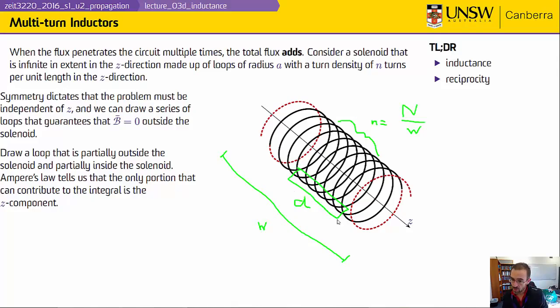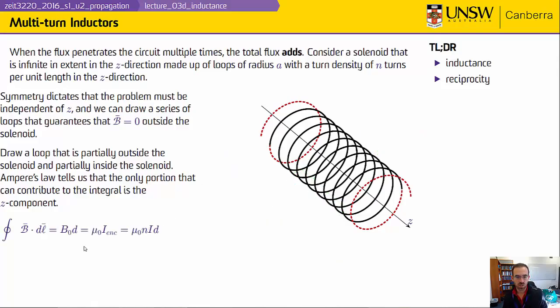And I'm going to evaluate Ampere's law around this loop. So I'm going to integrate around this loop, in this direction, in the minus z direction outside the solenoid and the plus z direction inside the solenoid. And that's going to give me the value of the integral around the loop, which is equal to mu naught times the current enclosed. From Ampere's law, that's just B naught times that length d.